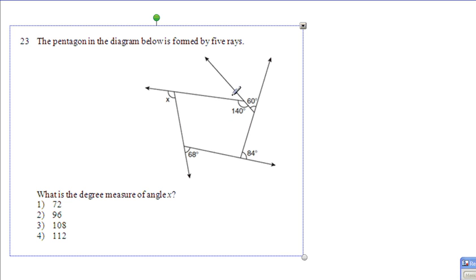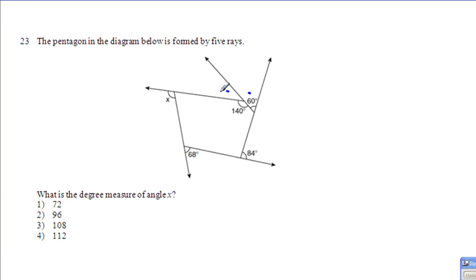Alright, here the concept embedded in this one is that when you add up all the exterior angles, such as these two, x, and this one, and this one, their sum must be equal to 360. Now, we have all the angles except this one. Since this one is 140, this one must be 40 to make that into 180.